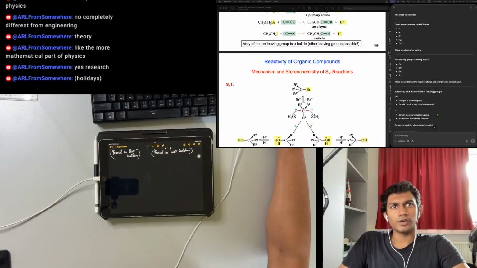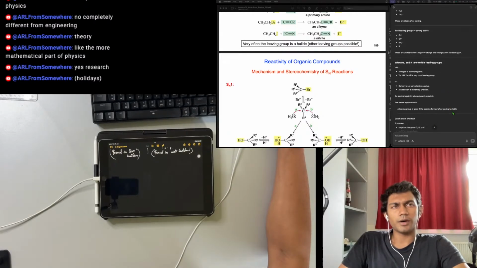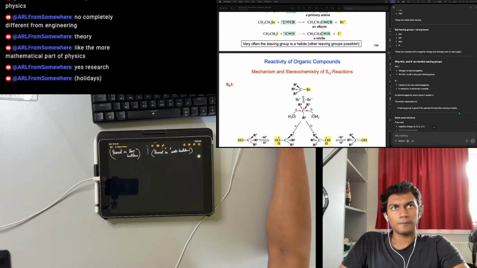Carbon is not very electronegative. A carbon anion is extremely unstable. So it's not only about electronegativity, it's also about stability when it's on its own. A leaving group is good if the species formed after leaving is stable.